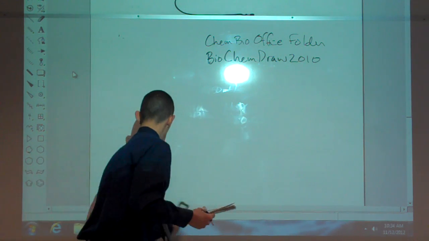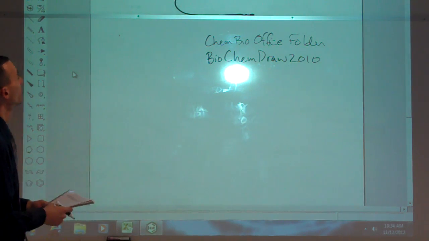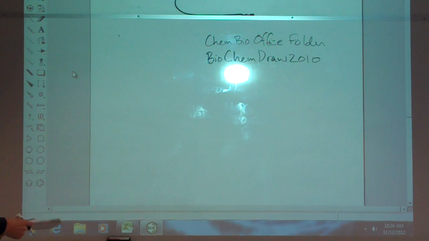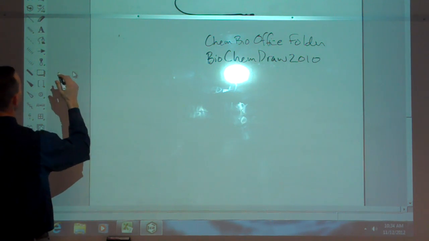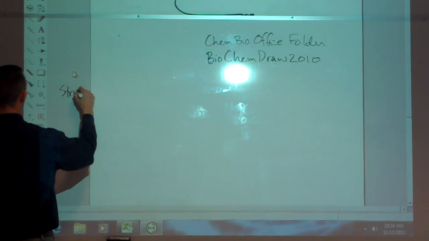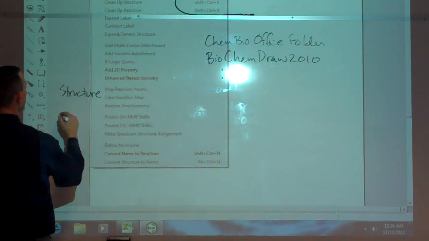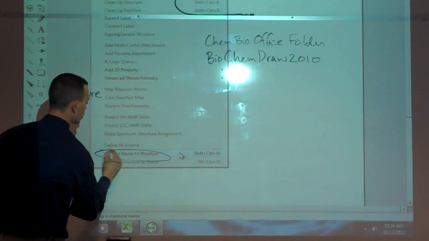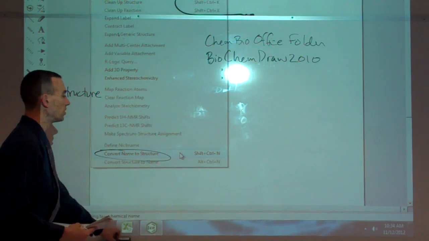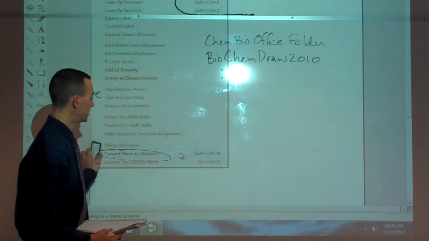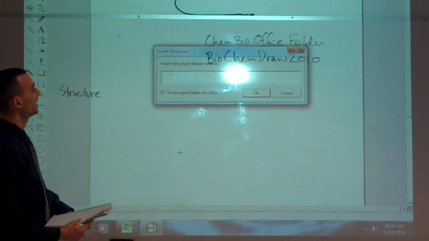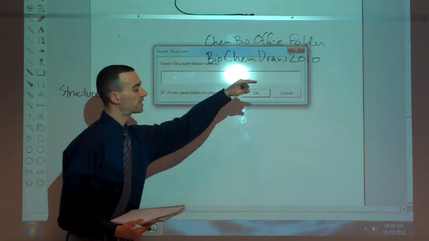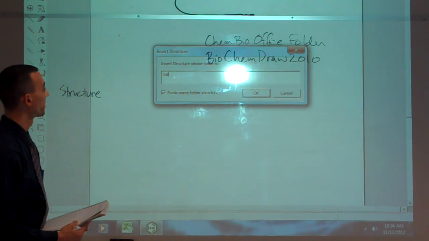It actually has a very nice feature: under the structure menu, you can use convert name to structure, because you know the names of the compounds that you began with. So if you click on that, you can type in salicylic acid.